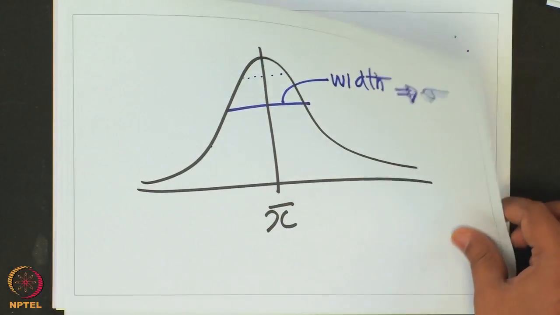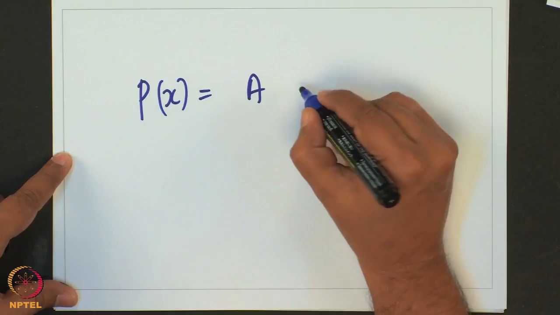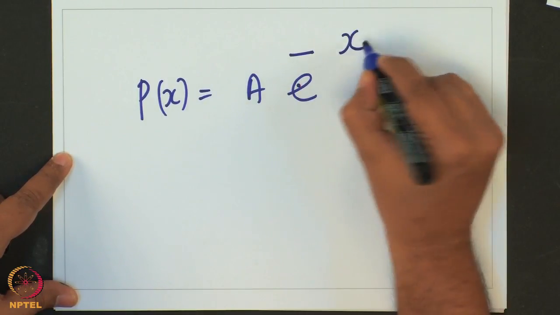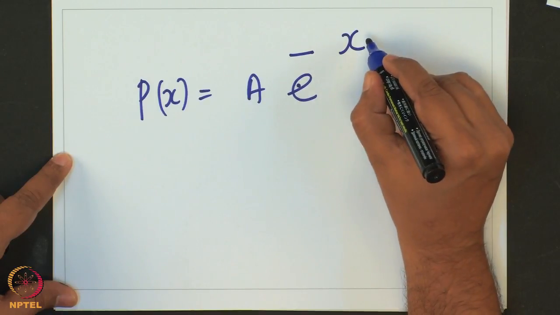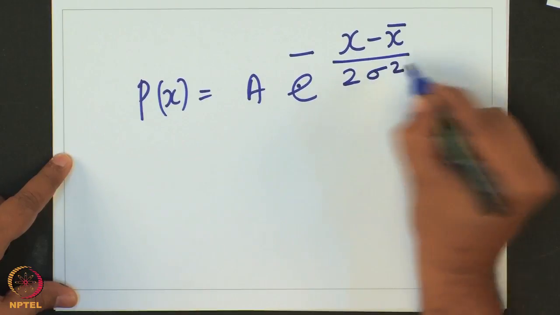The functional form that we have, I would write as P of x is a e power minus (x minus x bar) whole square by 2 sigma square.